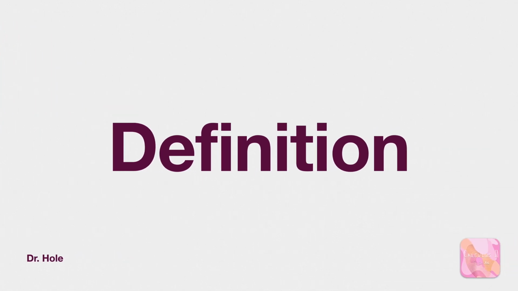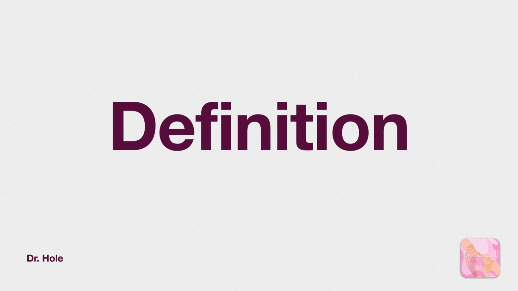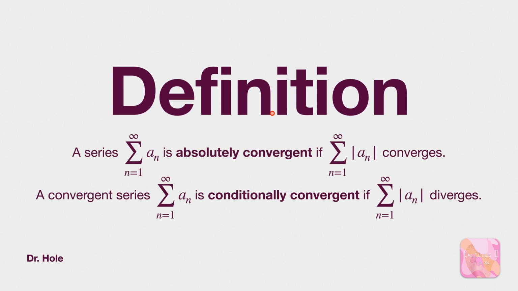So that leads to a definition where the strong convergence is absolute convergence. If we have a series that converges even without it alternating, then the series is absolutely convergent.